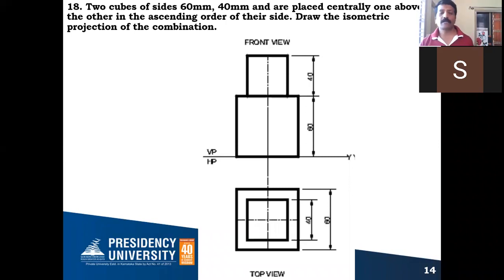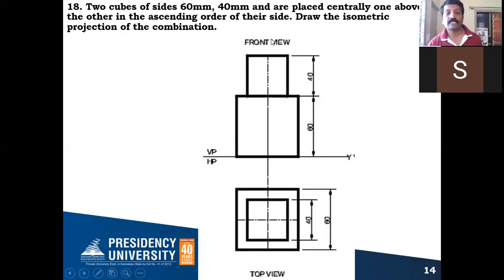What is the dimension of the bottom cube? It is 60 millimeter. You draw the 60 millimeter square. And what about the one more cube which you have placed above the 60 millimeter cube, that is the 40 millimeter cube? It will also look like a square only. So both the cubes in the top view look like a square only.